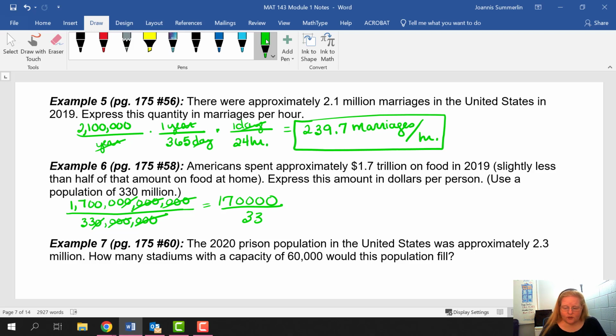When you do that, you get that each person is spending $5,151.52 on food a year. Wow.